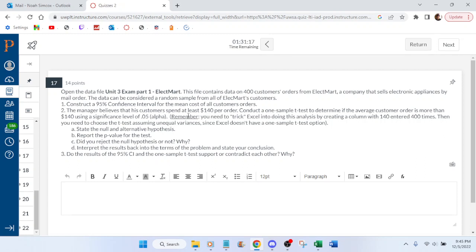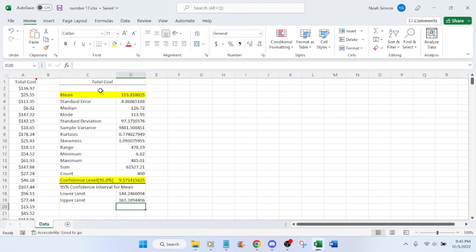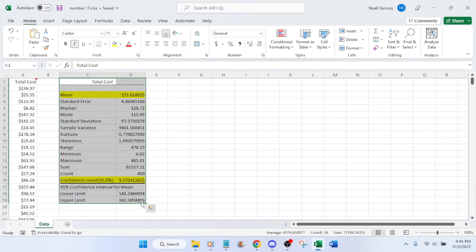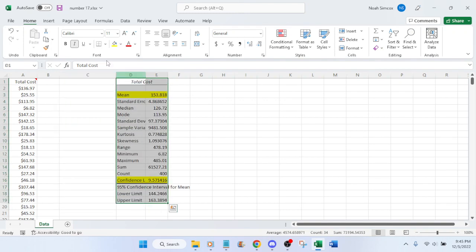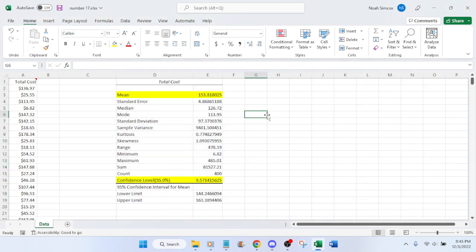So for this one, create a column with 140 entered 400 times. In fact, let's move all this over by one. Should have done that to begin with.